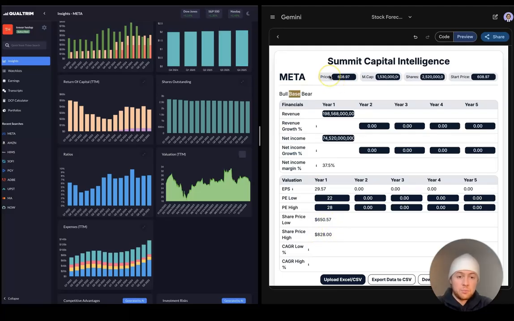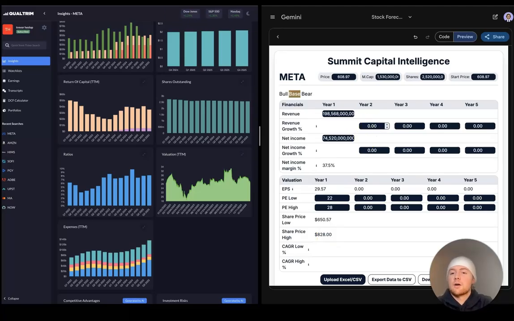So right now we're below our share price on the low end, which is pretty cool. So the PE ratio multiplied by EPS gives us these share prices here. So 22 times 29.57, and 28 times 29.57 gives us these low and high numbers.